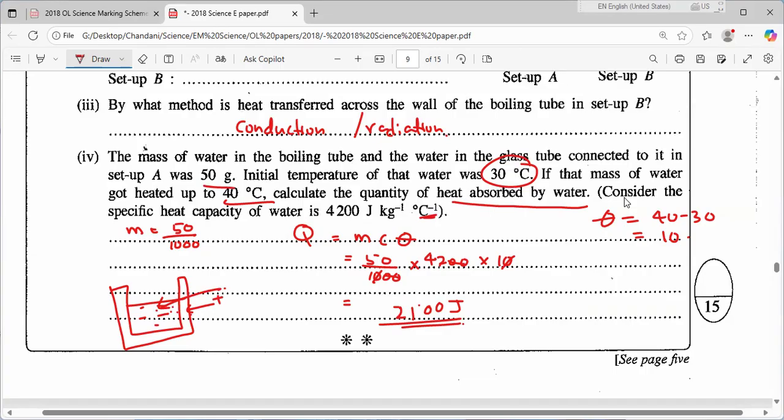But in this case they ask only to calculate the heat absorbed by the water, so you can get the answer by this method, right?